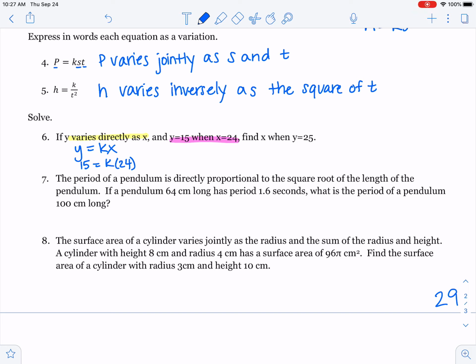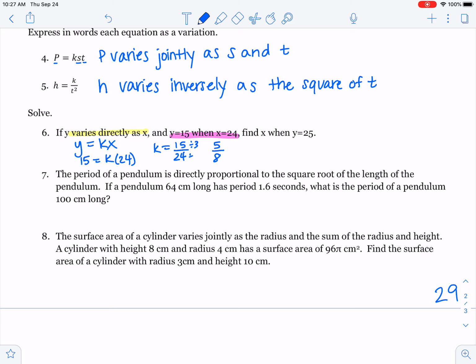So if I divide by 24, and then I simplify, and then I divide by 3. K is just 5/8. So really my equation is y equals 5/8 x.